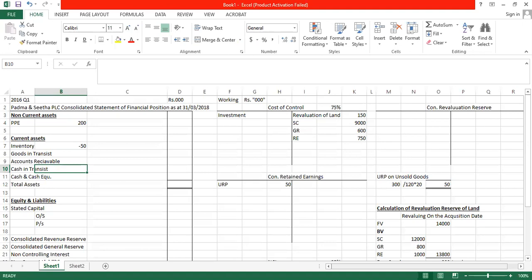I already explained this part in branch accounts also. What are the three reasons? Actually, it goes without saying, if they have made errors, definitely it will not balance. So errors is one reason. The second reason is goods in transit.